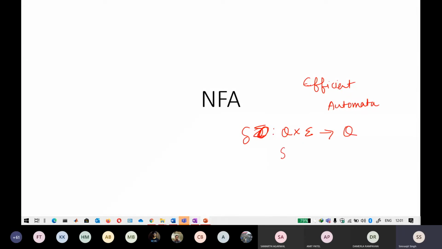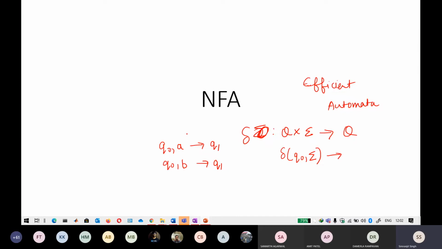So the transition of Q naught on all the inputs has to be defined, and it will be only one transition. It means Q naught on A will have only one state, Q1, and Q naught on B will again transition to only one state, Q1 or Q2.